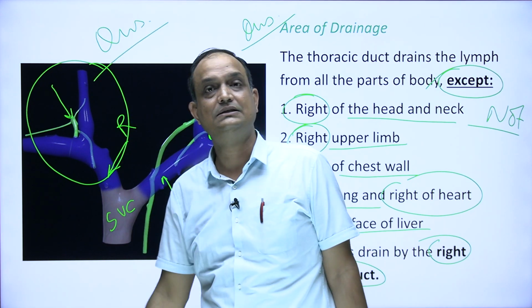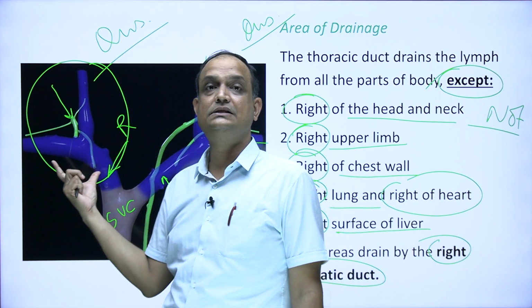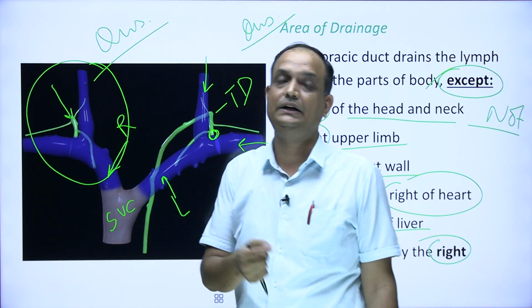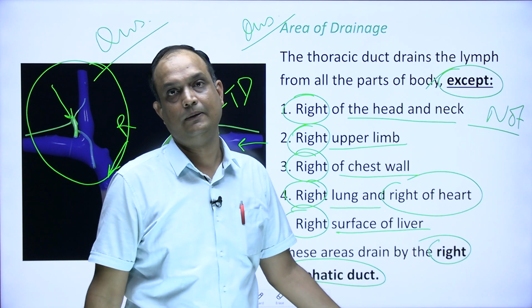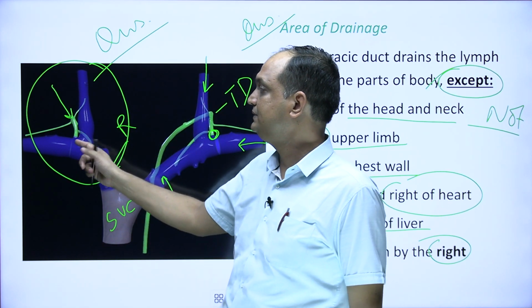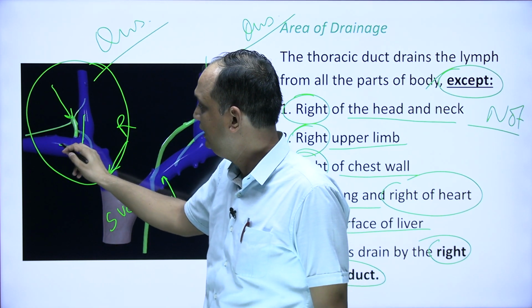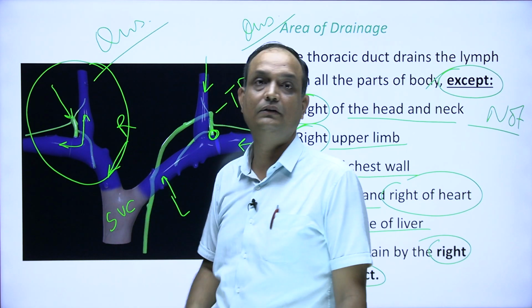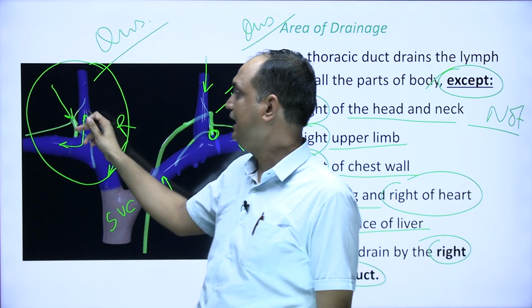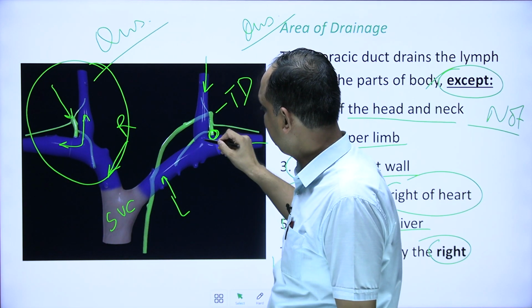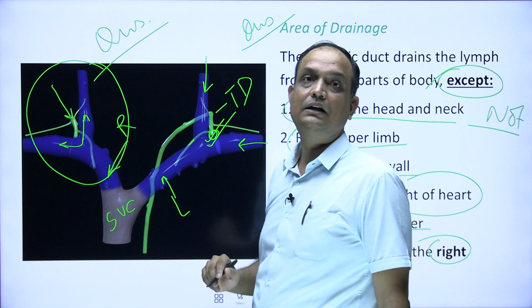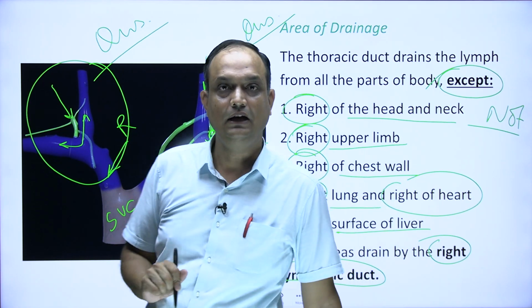So you have to understand that the right side venous system is also receiving a lymphatic duct, and this duct is known as the right lymphatic duct. The right lymphatic duct opens into the right venous angle, that is the angle between the right internal jugular vein and the right brachiocephalic vein. And the thoracic duct, which is the major draining channel, has its opening on the left side. Clear?